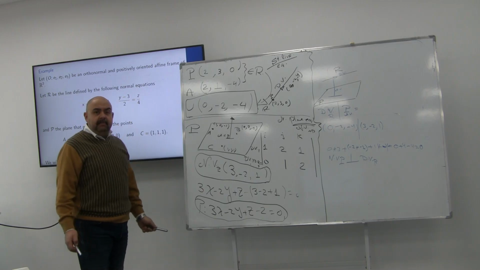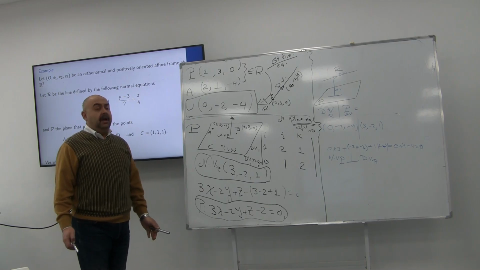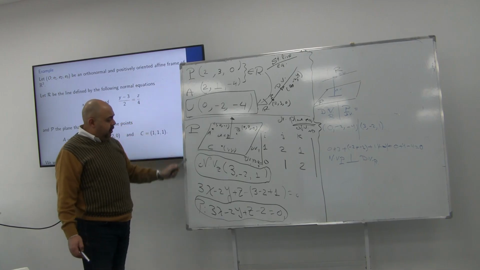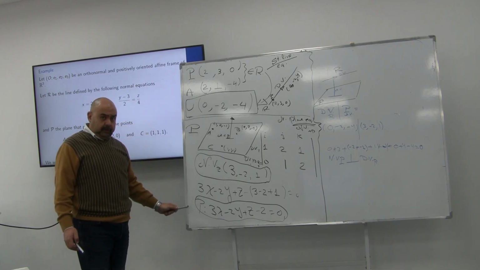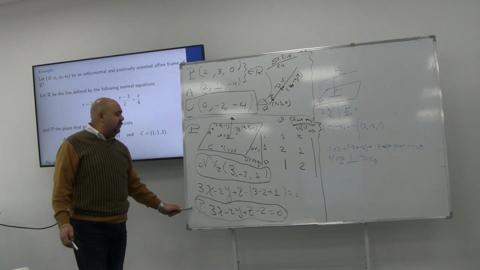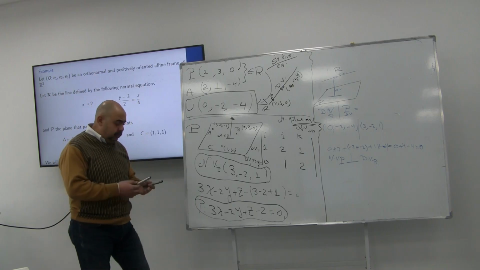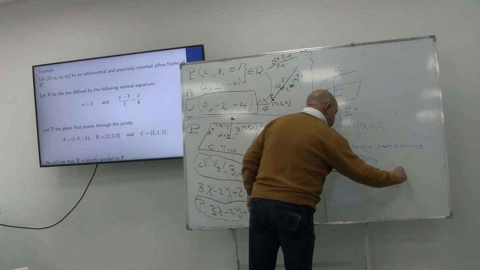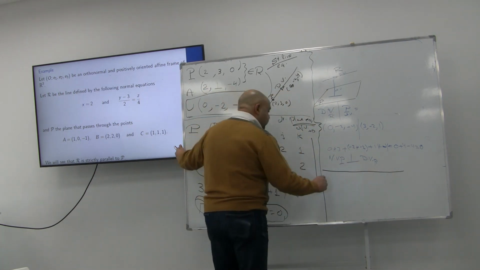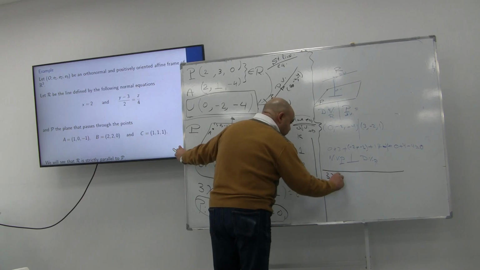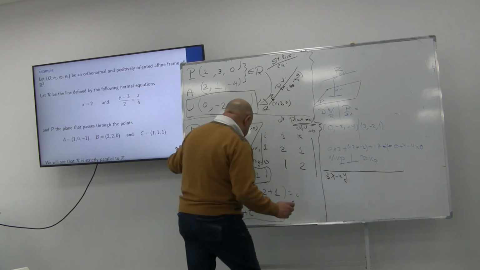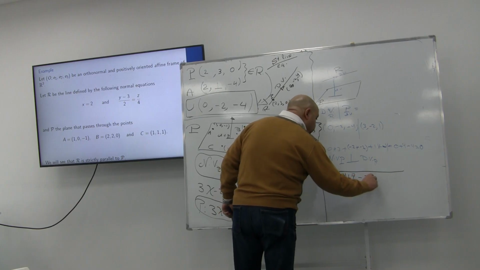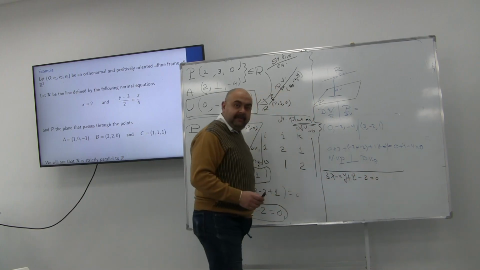I will simply see if one of the points of the straight line belongs to this plane. How to be sure about this? If it satisfies its equation. So all I have to do is to get the equation of the plane, which is simply 3x minus 2y plus z minus 2 equal to 0.